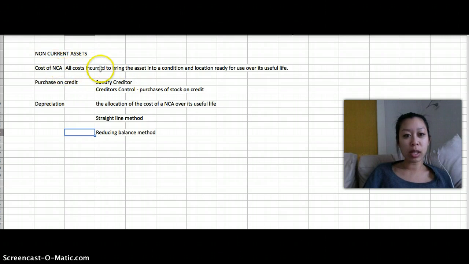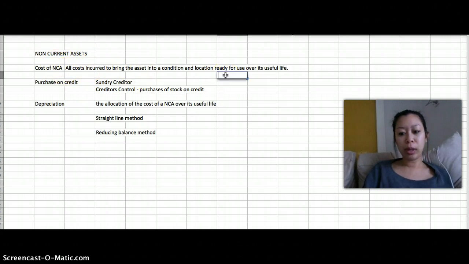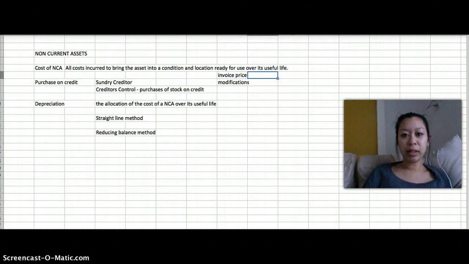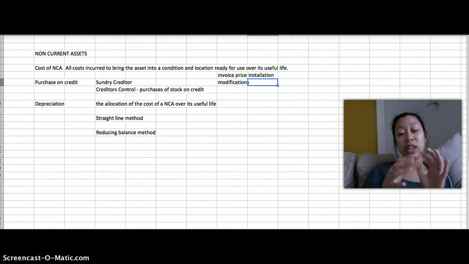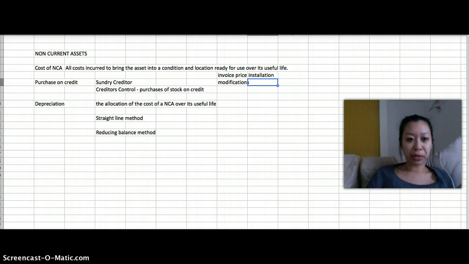If you look here, all costs incurred would include how much you bought it for originally, but then also things that you pay, such as modifications, installation, or anything else that you add to it. Remember, if it's per year, so insurance or rego and things like that, that you pay only for a year, doesn't get added to the non-current asset because it doesn't provide a benefit over its useful life.